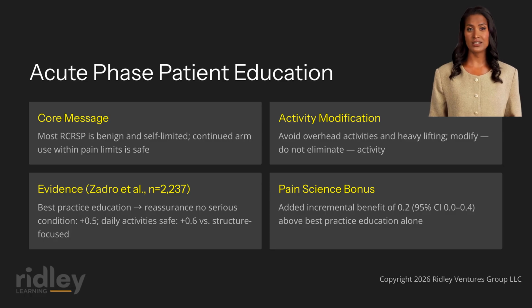Also, a statistically significant finding reliably supported across the data, compared with structure-focused education emphasizing structural damage. The addition of pain science messages provided a modest incremental benefit of 0.2, a small but consistently observed effect across the study population.